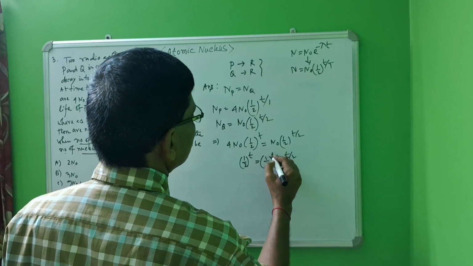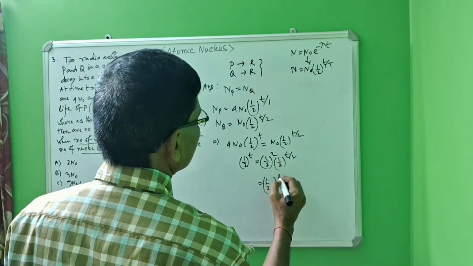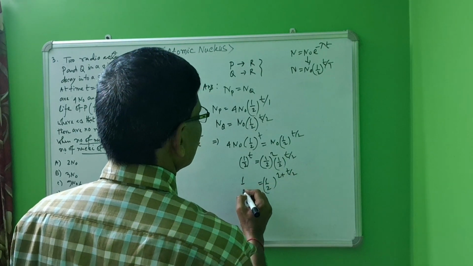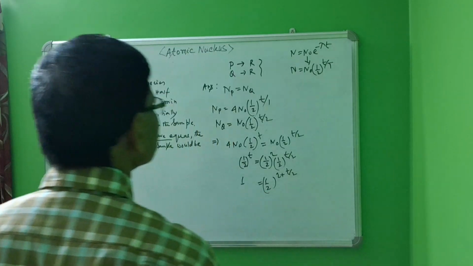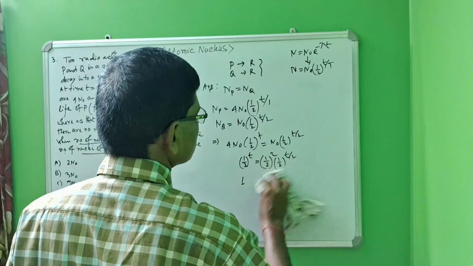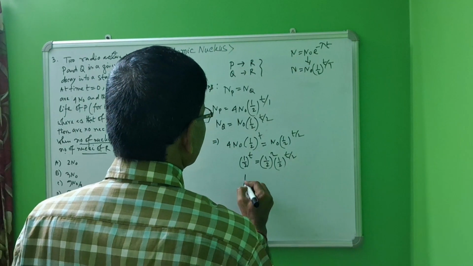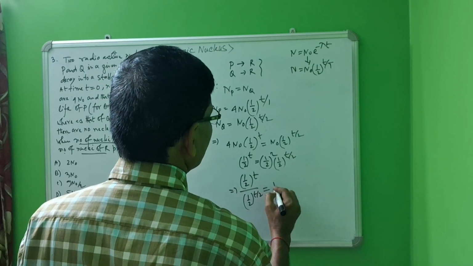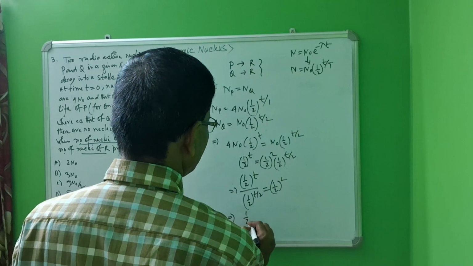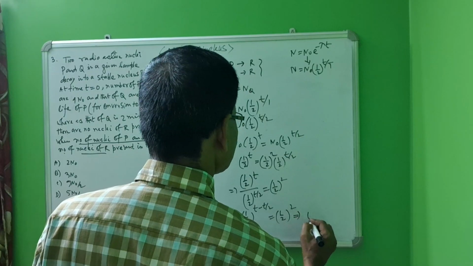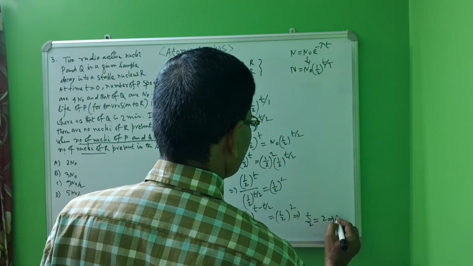Half to the power t divided by half to the power t by 2 equals half square, implies half to the power t minus t by 2 equals half square, implies t by 2 equals 2, implies t equals 4.